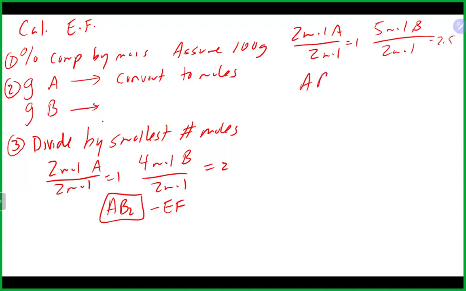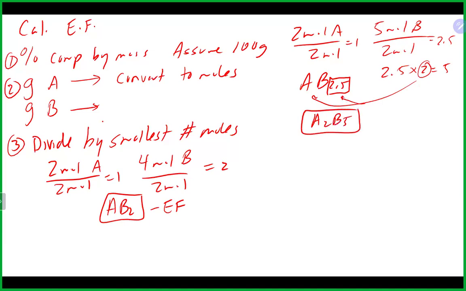And that would give you AB 2.5. This is no good because that does need to be a whole number. But if you take 2.5 and you times it by 2, that does give you 5. So you would times everybody by 2 here, and you would get A2B5 as your empirical formula.